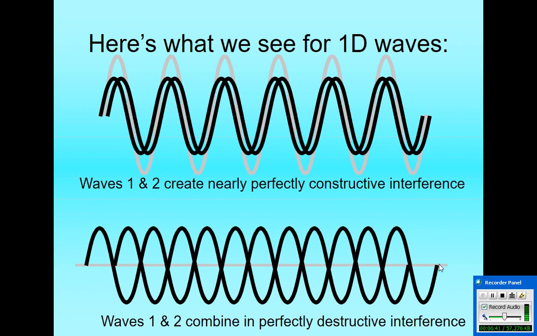It represents perfect cancellation. So in perfectly constructive interference, the two waves combine to create the maximum possible amplitude. And in perfectly destructive interference, the two waves combine to create as near zero amplitude as possible.